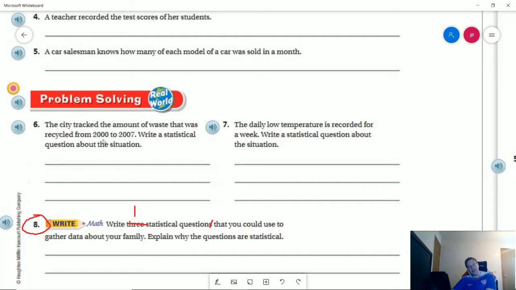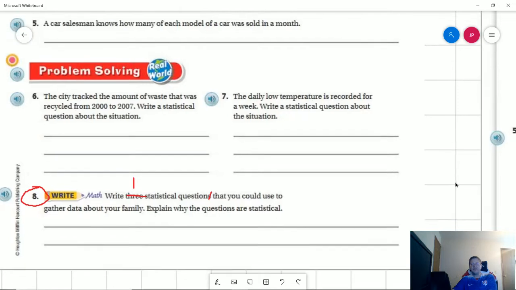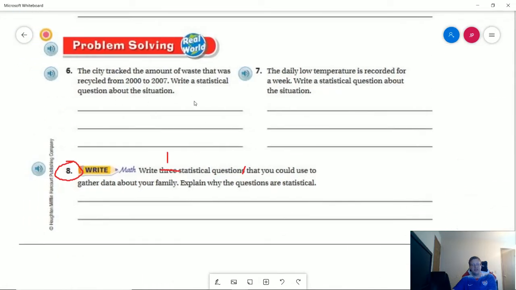So from 2000 to 2001, what was the most frequently collected type of recyclable material? And so that could be different for each year. And then we could even combine all of the years to figure out which one was collected the most. So there are lots of different things that you could do with that.